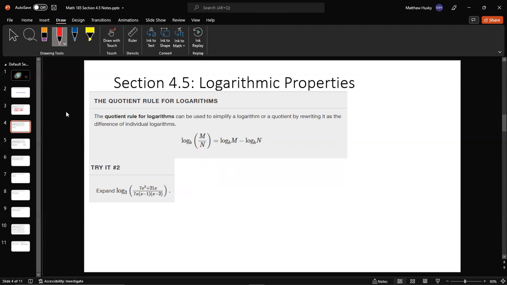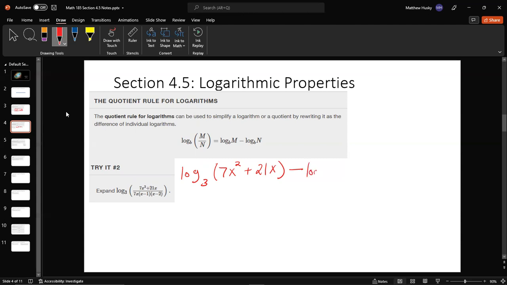So let's see here. What we have going on with this one, we're going to have log base 3 of all the stuff on top, which is 7x squared plus 21x. And then we will subtract each of the factors that are underneath here.